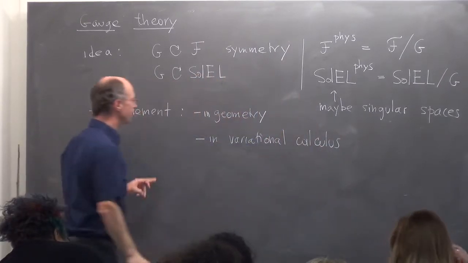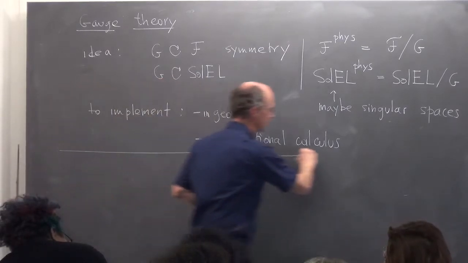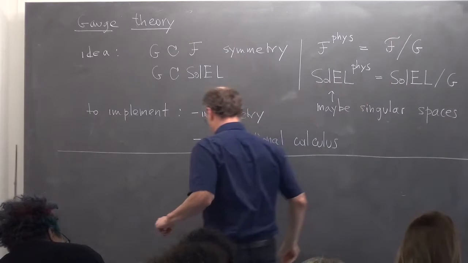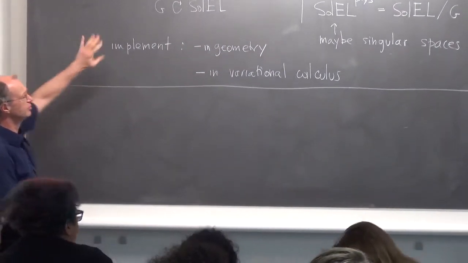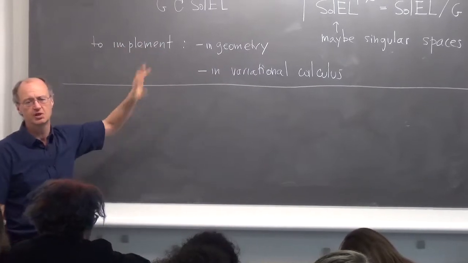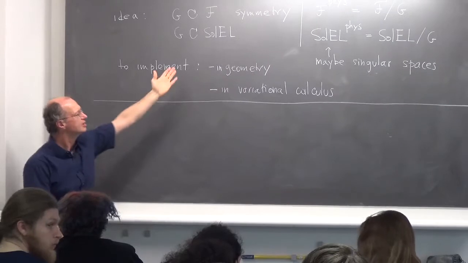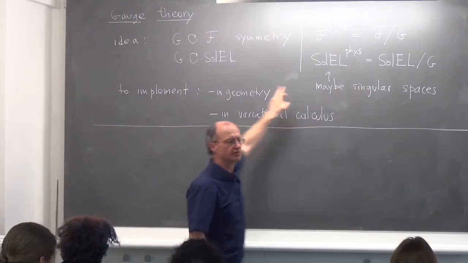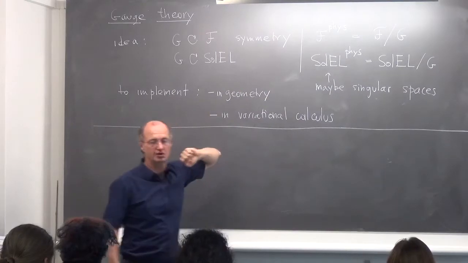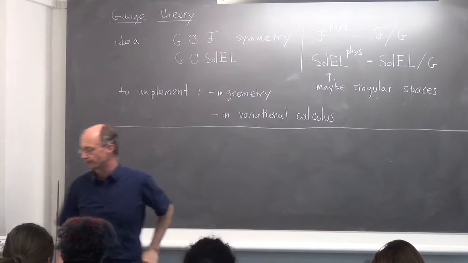Today I will be mostly speaking about the geometric part. Maybe towards the end we'll see what this means in variational calculus. But that's the important point to remember. We choose groups of special type and so on, but also our aim in gauge theory is different from our aim in the discussion of field theories with symmetry.